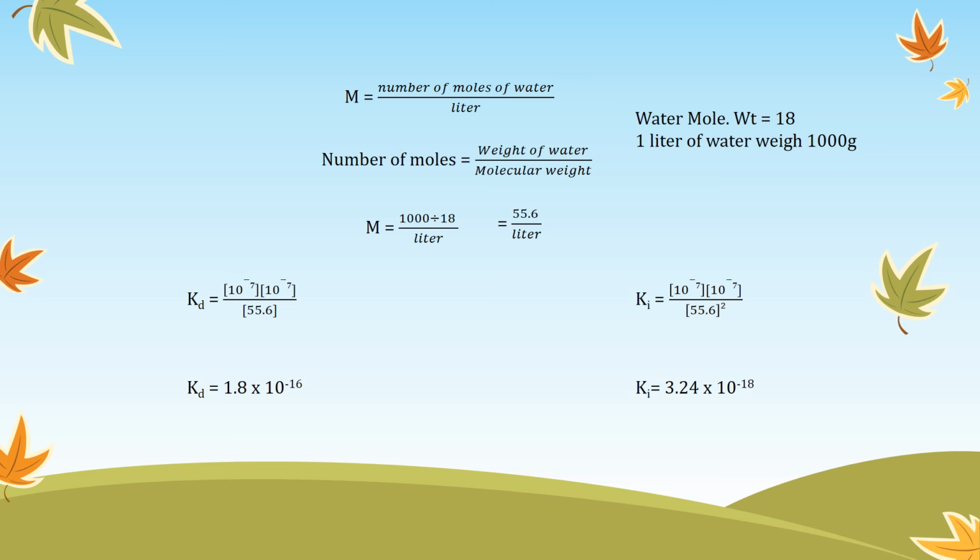When you want to calculate the Kd value, the concentration of hydrogen ion is 10 to the power minus 7 and the hydroxyl ion is 10 to the power minus 7, and for the water concentration you can neglect the amount of hydrogen ion formed from 55.6 because that is the larger value. Similarly for the Ki calculation also you can consider it like that. So you can calculate the Kd value as 1.8 times 10 to the power minus 16 and the Ki value as 3.24 times 10 to the power minus 18.